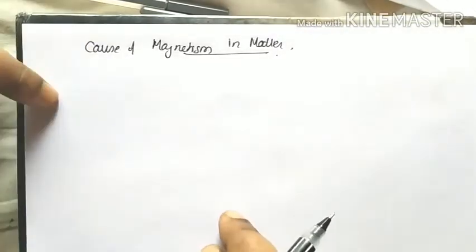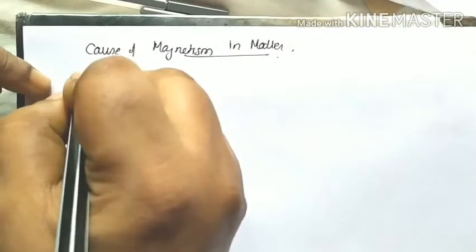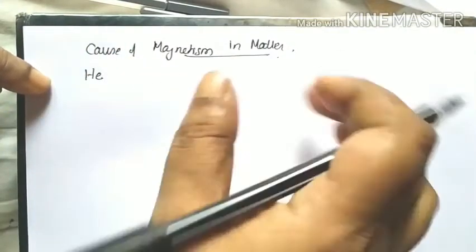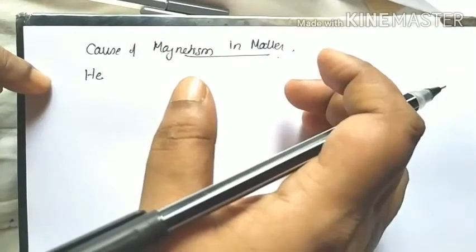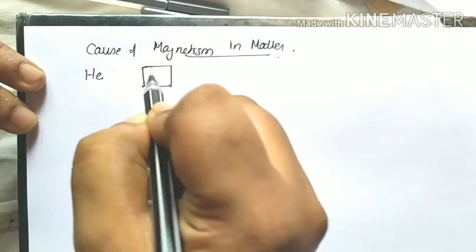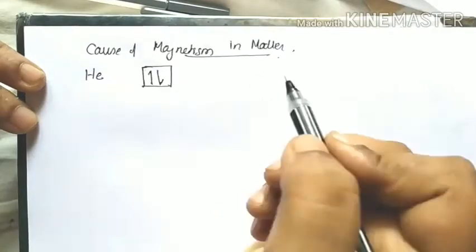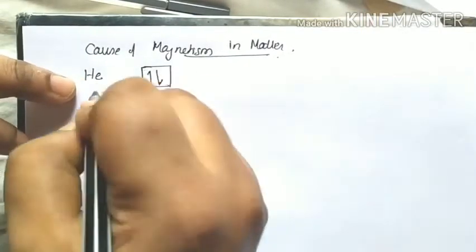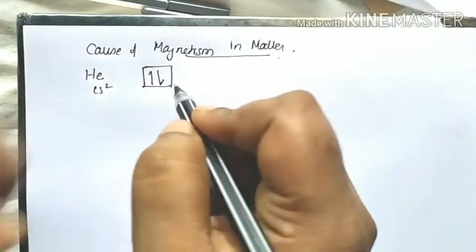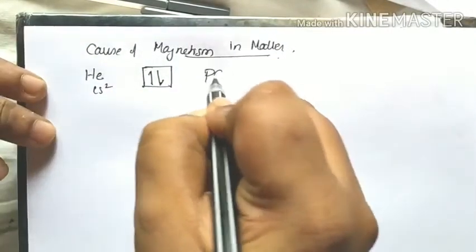Now, in some elements like helium, this is chemistry which you have learned, the magnetic moments are cancelling out each other. I'm telling you how. You would have written helium as having 2 electrons, 1s2, and you will write the two electrons like this. They are termed as paired electrons.